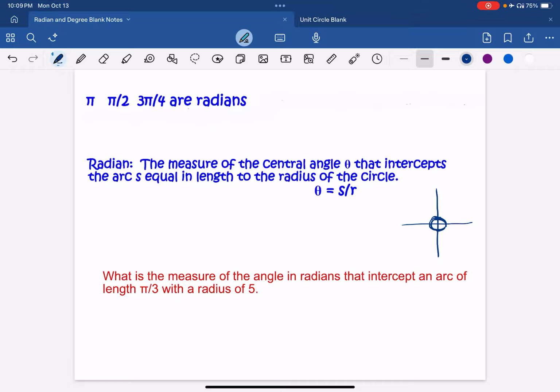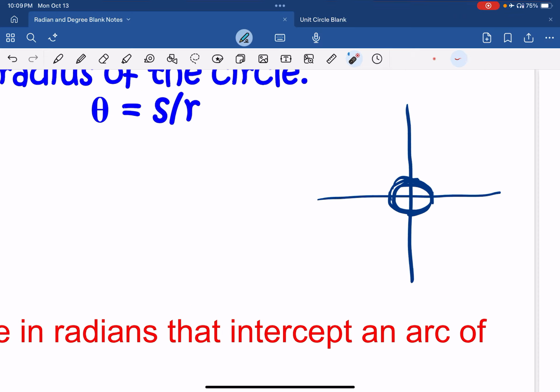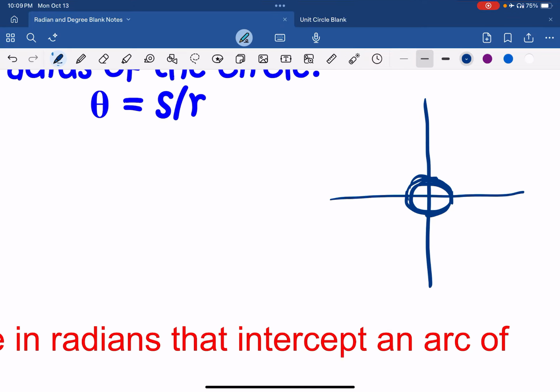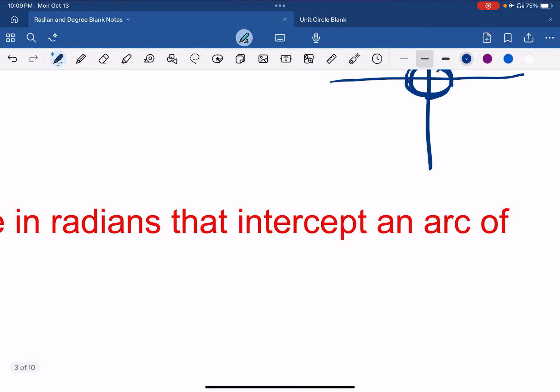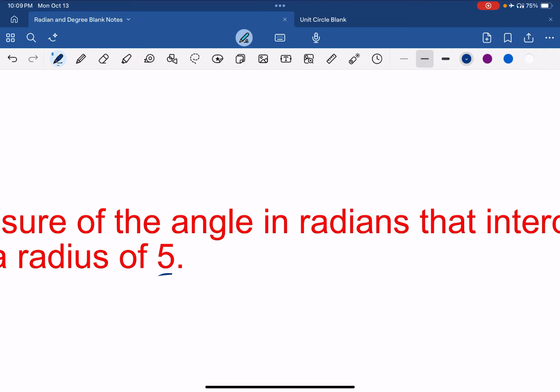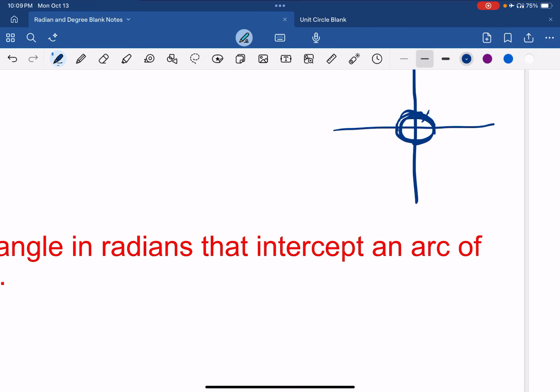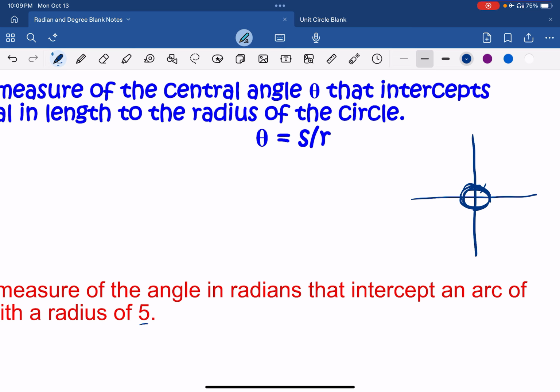Pi over 3, which is the value we're looking at here, on the unit circle falls right in here somewhere. But for our example, now we're looking at a radius of 5. So if you can imagine, that would be a much larger circle.